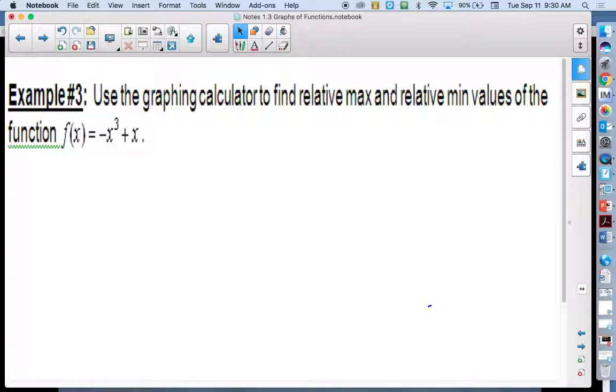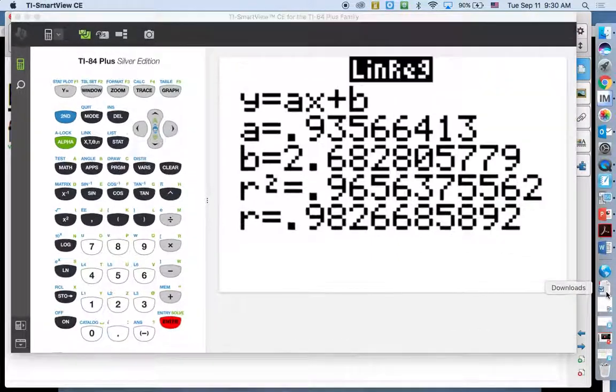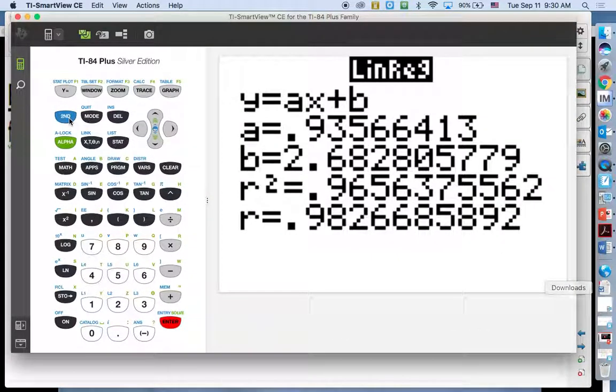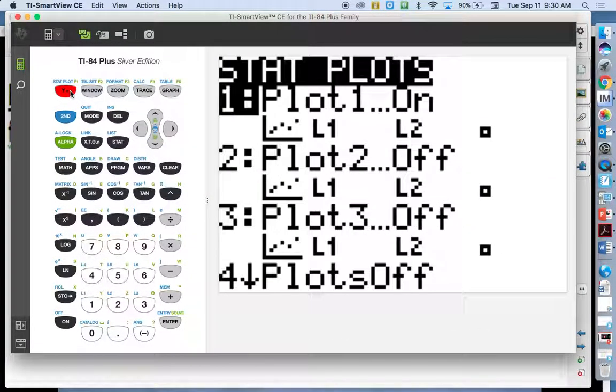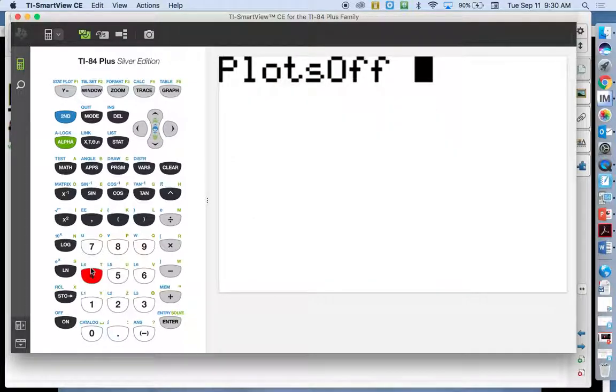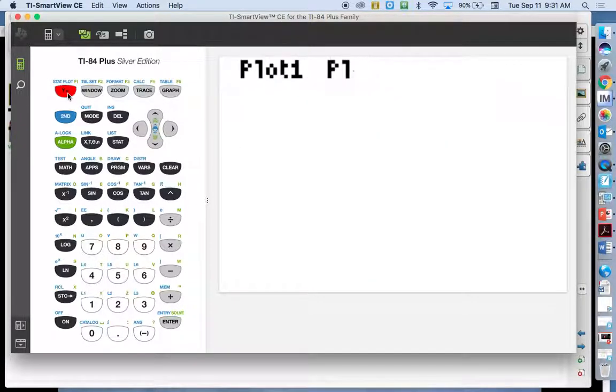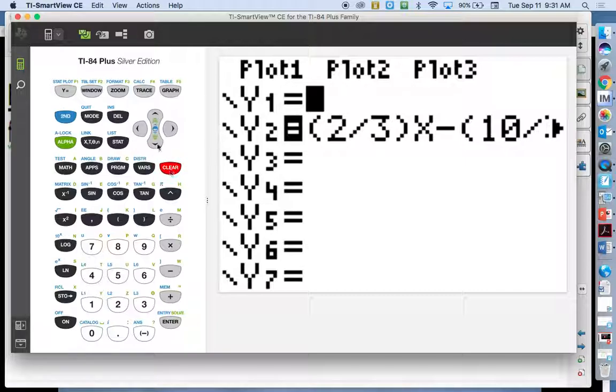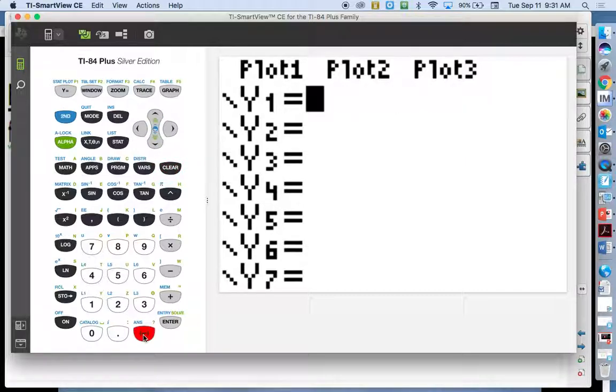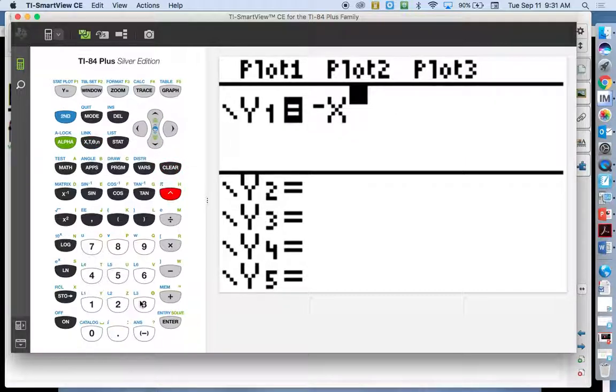So if you take out that calculator, go to y equals negative x cubed plus x, and then hit graph.